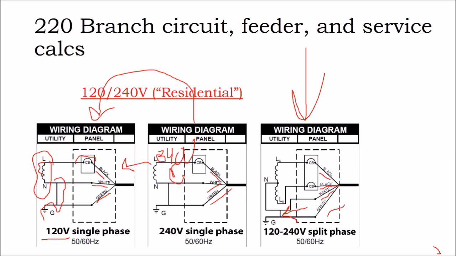Then the difference between 120 volt split phase and 240 volt single phase is that now we have a leg 1 of power and a leg 2 of power being balanced by the neutral in kind of that seesaw position, where the neutral takes care of any mismatch and balance between the two legs.